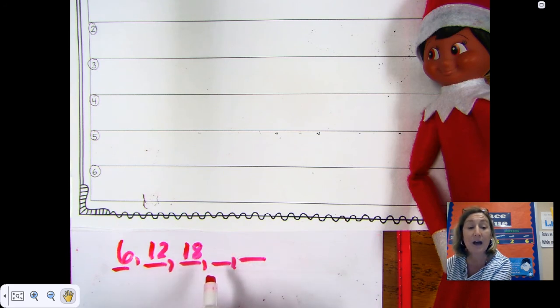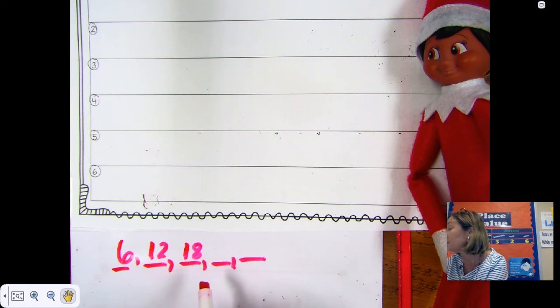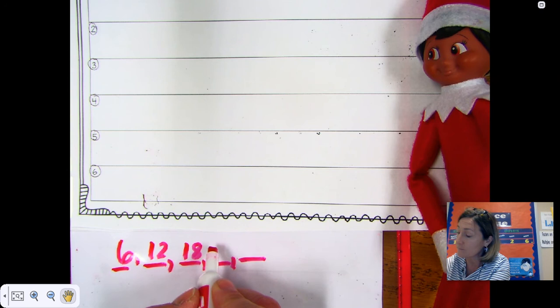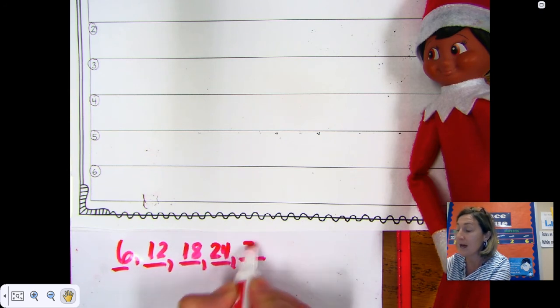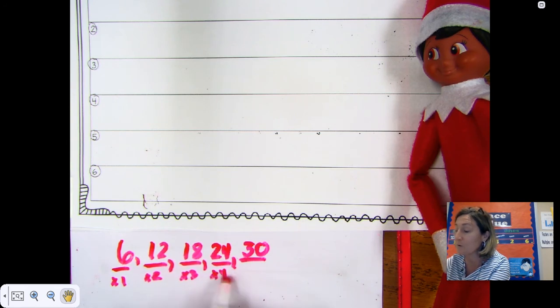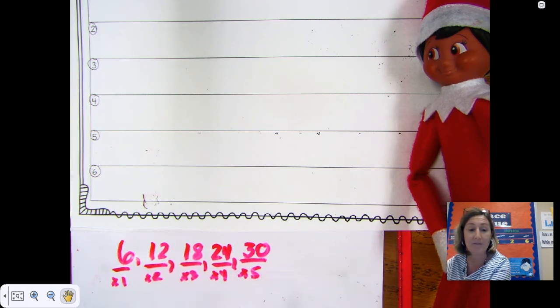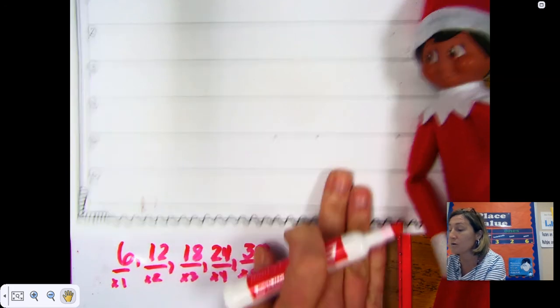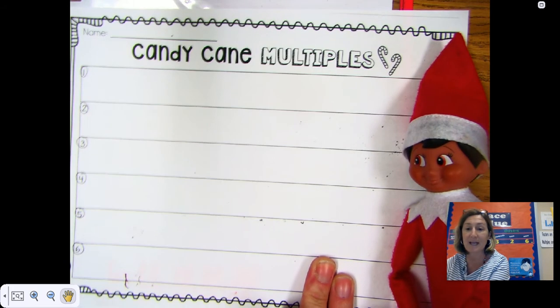What comes next when you're counting by 6s? 6, 12, 18. Ready? 24. And then 30. 6 times 1, 6 times 2, 6 times 3, 6 times 4, and 6 times 5. So those are your multiples of 6.